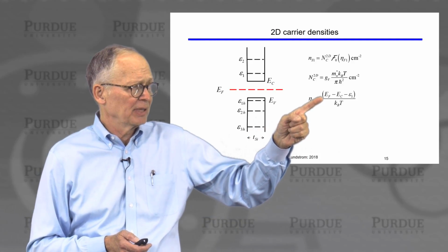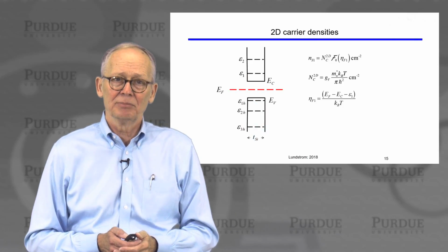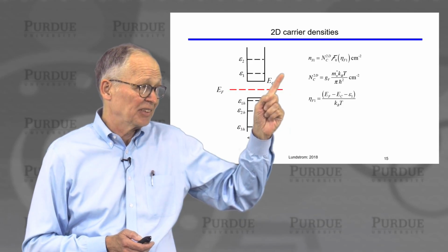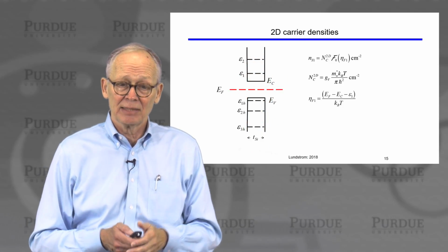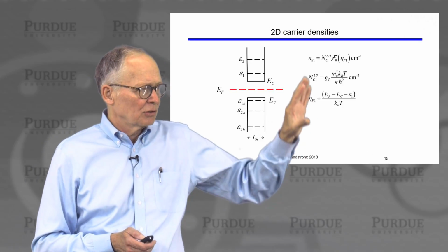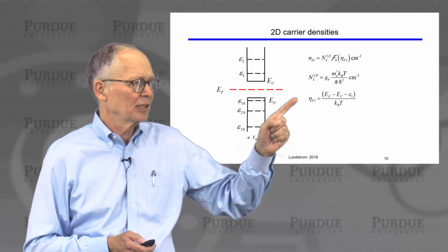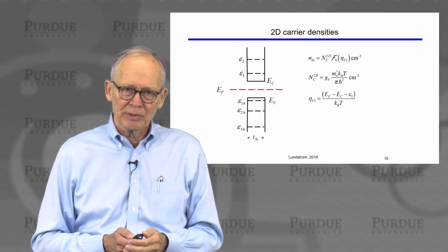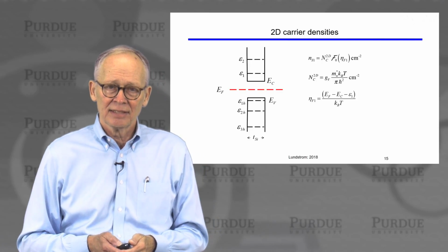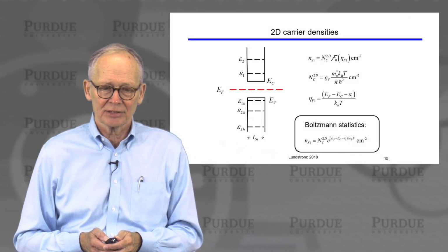And what's important is how far above the bottom of the first subband the Fermi level is. If it's above the bottom of the second subband, we would have to add a contribution from the second subband. All right, so that's an expression. It's not so different from what we see in the 3D case. It's just that we are now using a two-dimensional effective density of states, which comes from the two-dimensional density of states of these confined carriers.